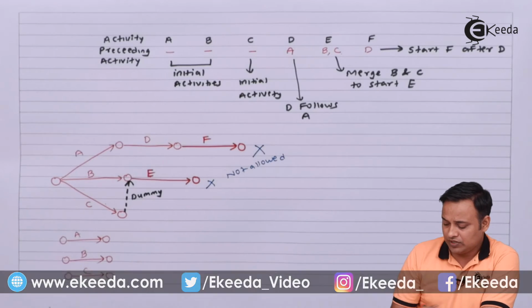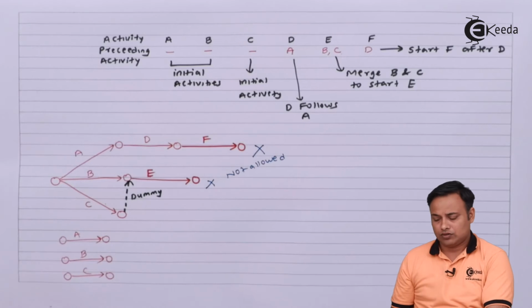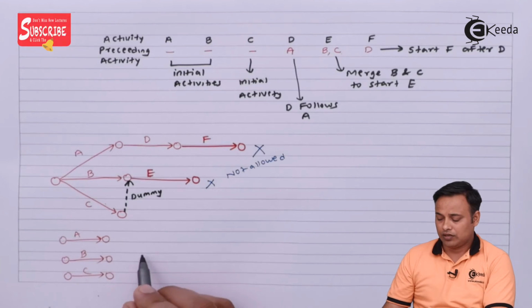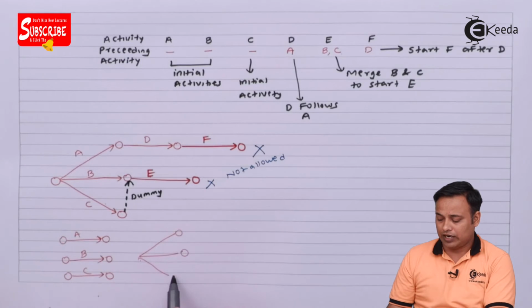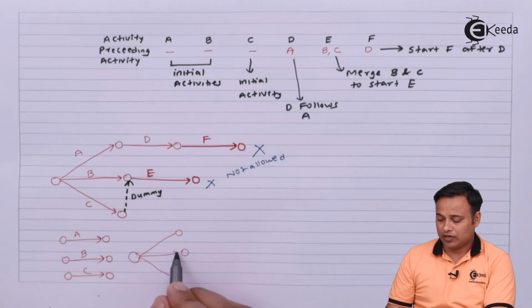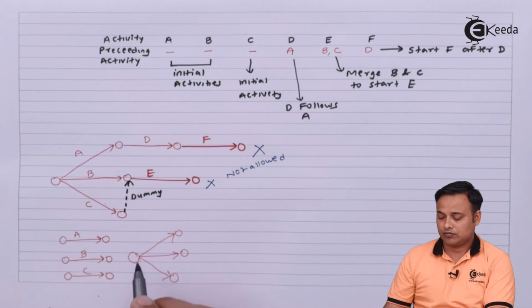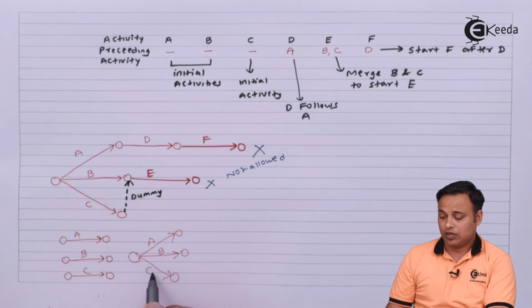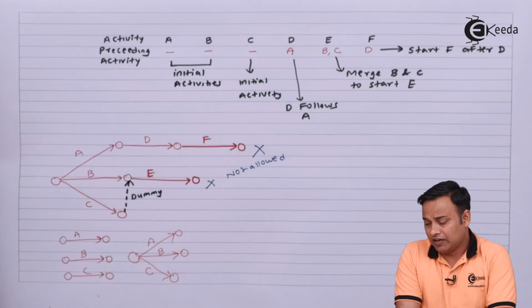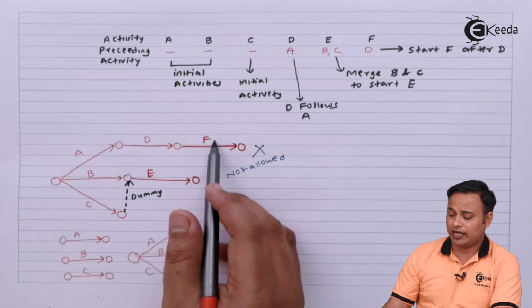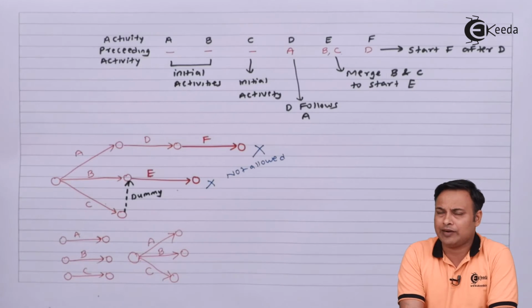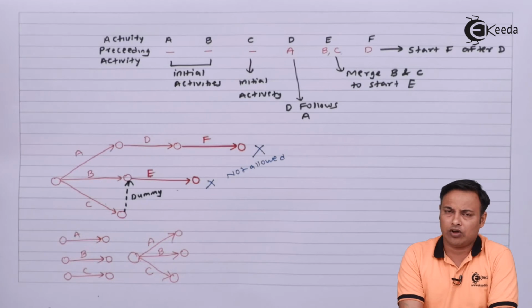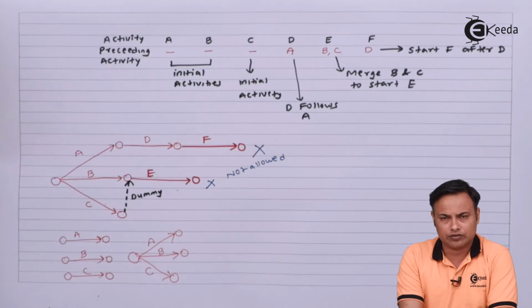No. We just simply merged A, B and C in this manner and we made their tail the same. In the same manner, I will simply merge E and F because I want to arrive at one single end point. E and F are my final activities, so they will always merge at one single point.